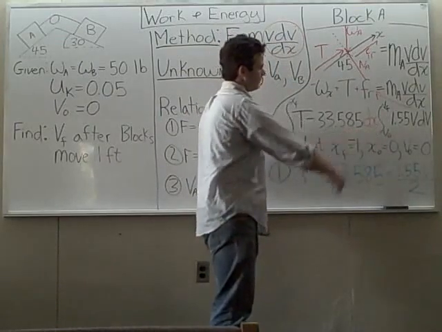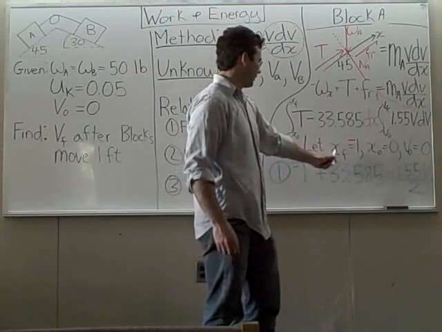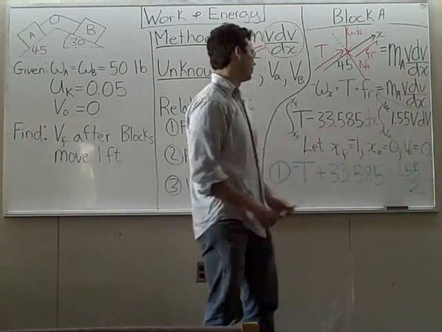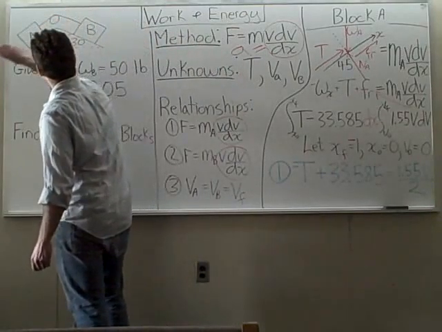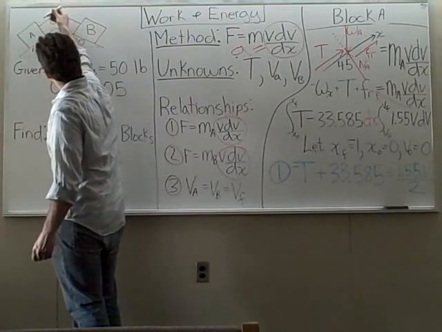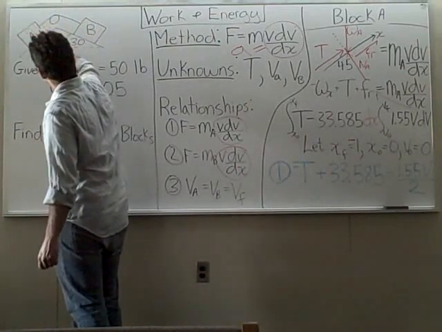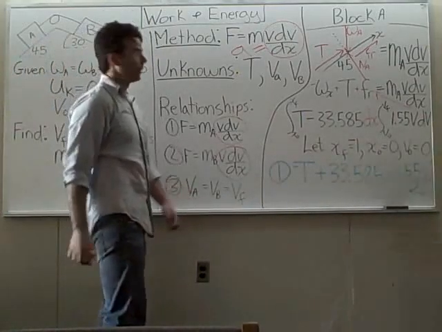And they're both very simple integrations, and so we're going to let the xf equal -1. Since we're choosing our acceleration to go this way, and this is positive x, it's going to start at position 0, and it's going to end at some position -1.